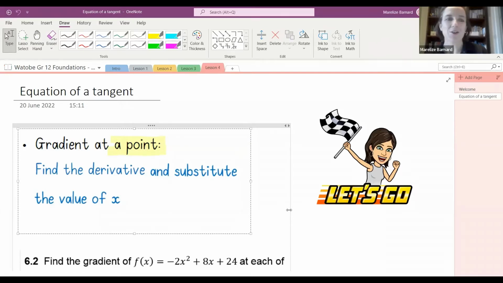Okay, so this evening we're going to look at the equation of a tangent, and it's really the first application of the derivative that we are going to start exploring. For those of you who have done calculus at school, you know what comes after this is cubic graph sketching, which is also a really fun application of the derivative and calculus, and just drawing this new graph that you have never done before with 2 turning points and 3 intercepts.